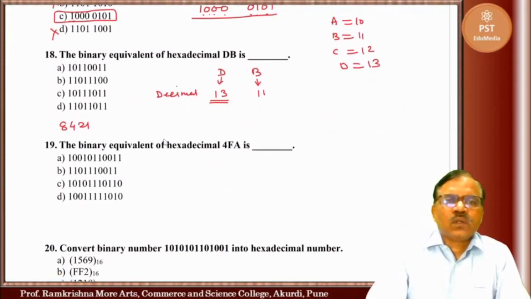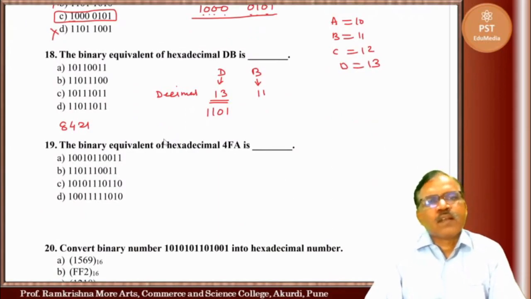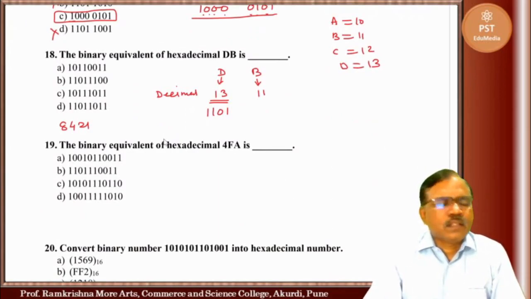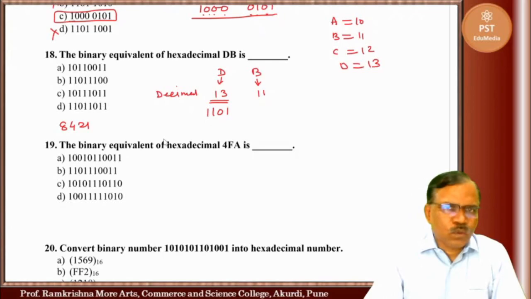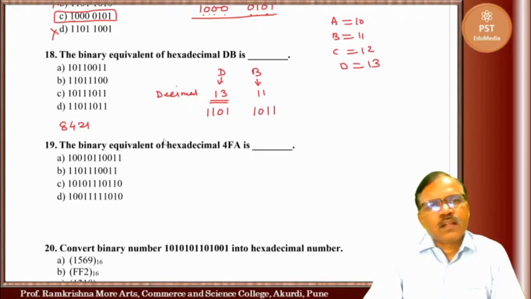So here 1101, then here 1011. So here 8421 means what?